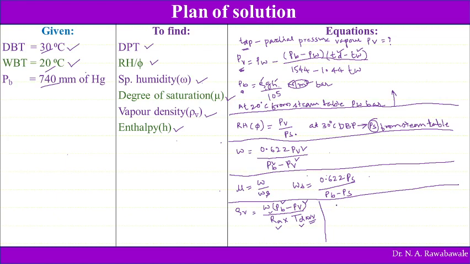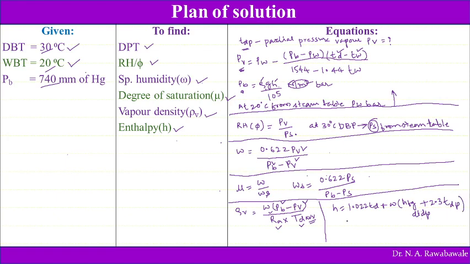Enthalpy of air is obtained by the formula H equal to 1.022 TD plus omega HFG, the latent heat of vaporization at dew point temperature, plus 2.3 TdP, the dew point temperature.